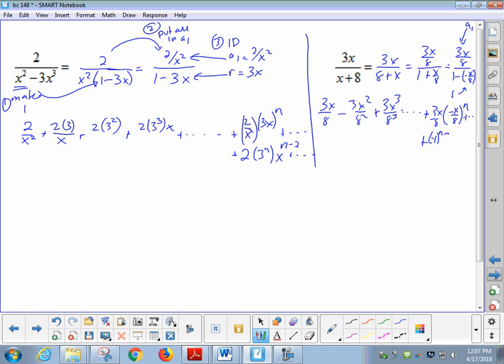The 3 is always there. 8 is to the what? 8 to the n. 8 in the denominator. 8 to what power? N plus 1. And x to the n plus 1. I guess I could call that x over 8 all to the n plus 1. But that is fine. All right, are you with me?